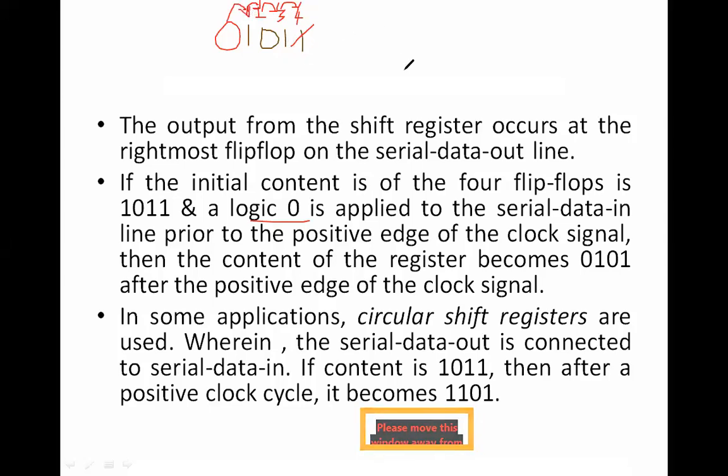So our final value is going to be 0, 1, 0, 1. Any doubt here, students? So this last value is pushed out, and this 0 was the initial one. It comes and sits here. So this is our final value. Is it clear? Can I proceed?